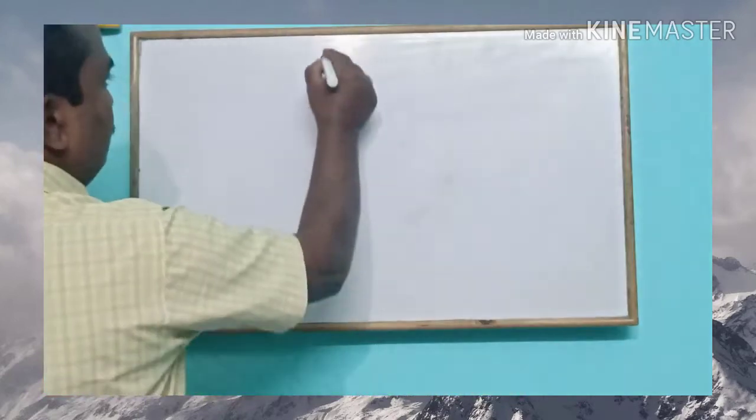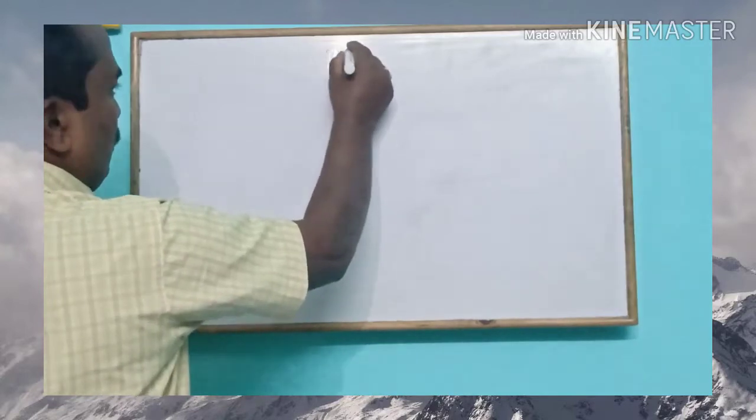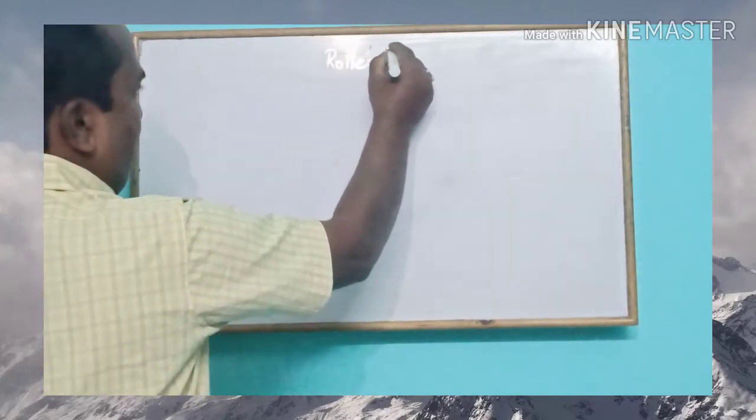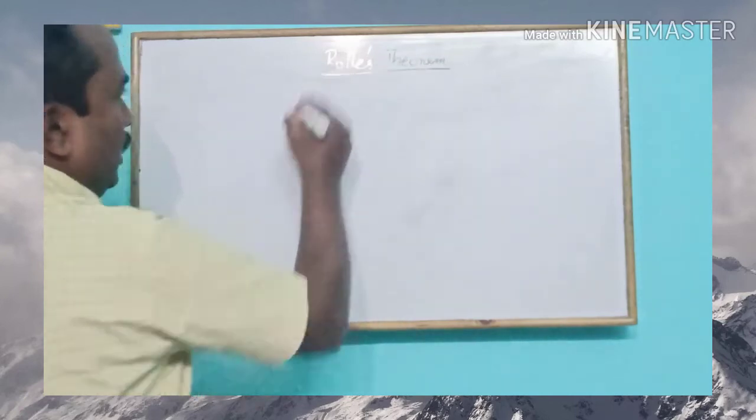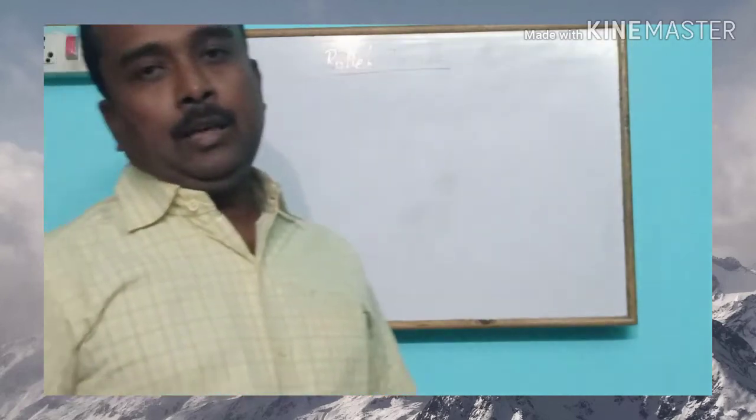So I was talking about Rolle's theorem. ये जो रोल्स थ्योरम है ये डेरिवेटिव से रिलेटेड है.